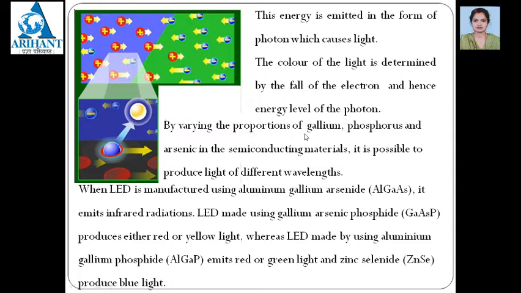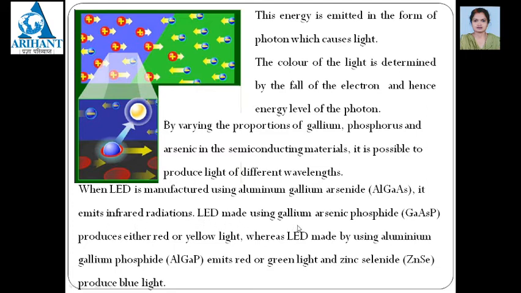By varying the proportion of gallium, phosphorus and arsenic in the semiconducting material, it is possible to produce light of different wavelengths. Now how to get the different colors? By using impurities such as gallium, phosphorus, arsenic, and changing their concentration, you can change the color. When the LED is manufactured using aluminum gallium arsenide, that is AlGaAs, it emits infrared radiation.